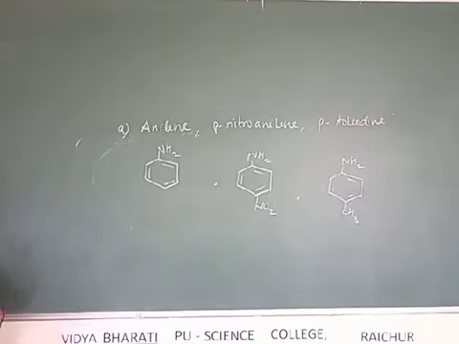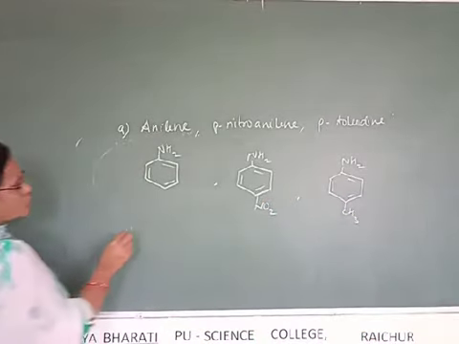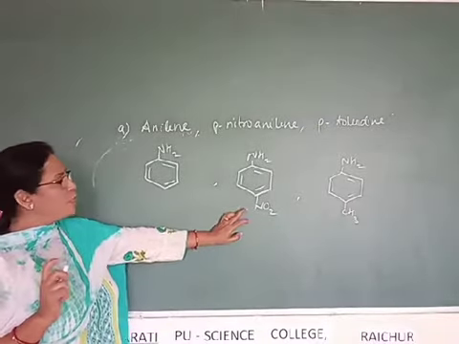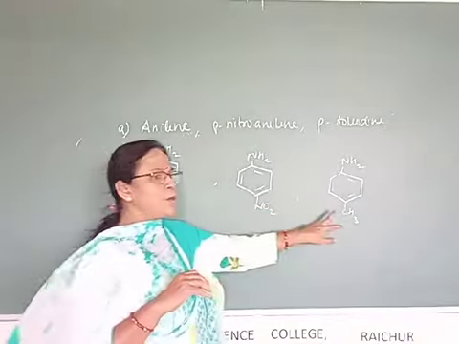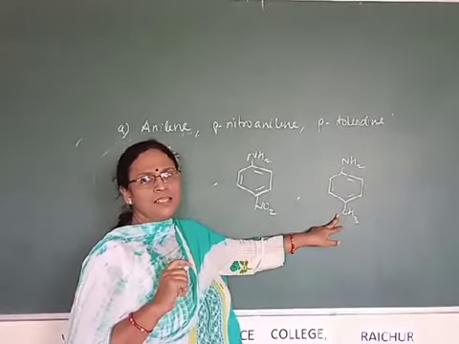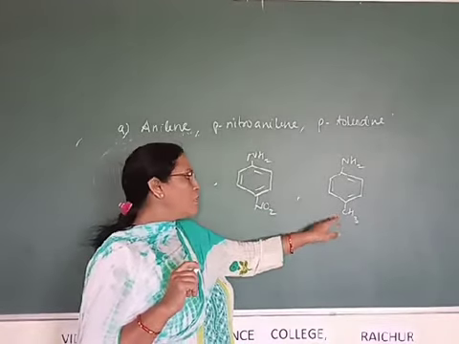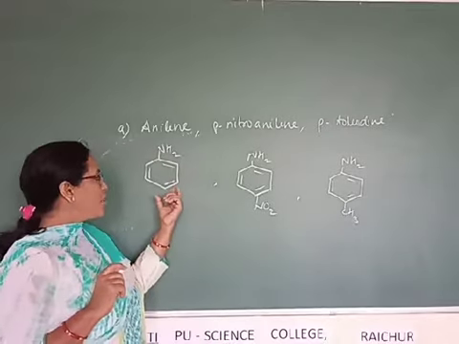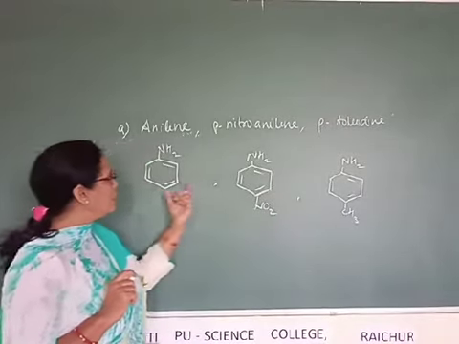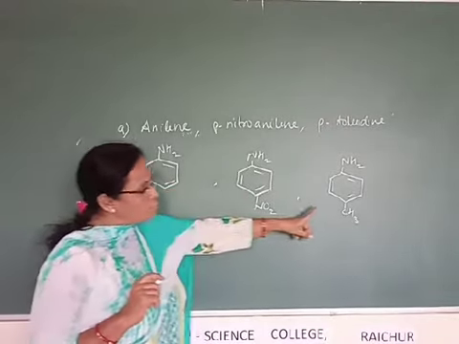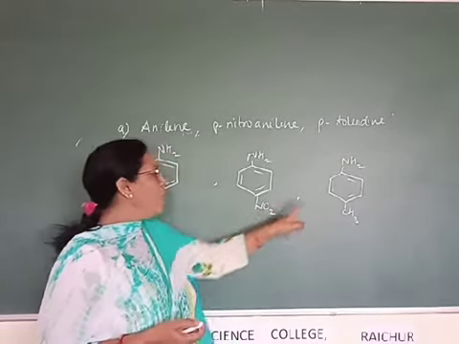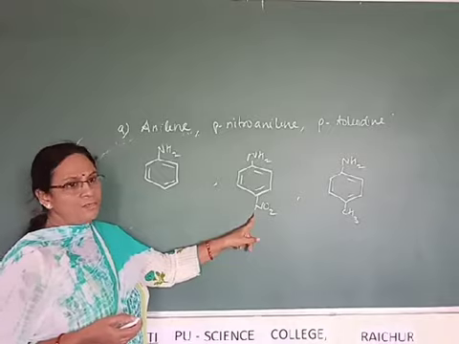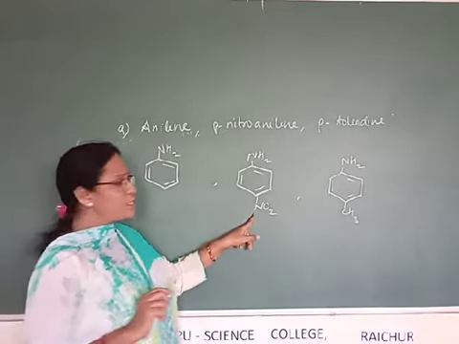You know that electron withdrawing groups will decrease the basic strength, whereas electron releasing groups will increase the basic strength. So if we compare these two compounds with aniline, then para-toluidine will have greater basic strength and nitroaniline will have lesser basic strength.